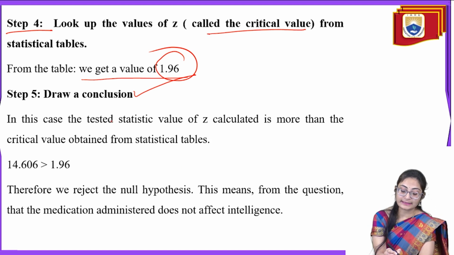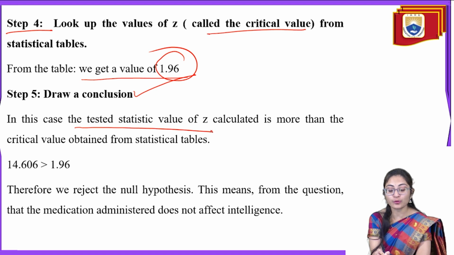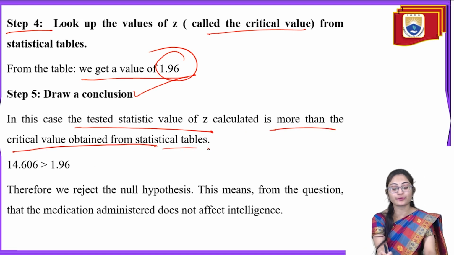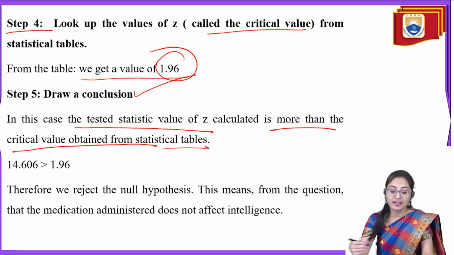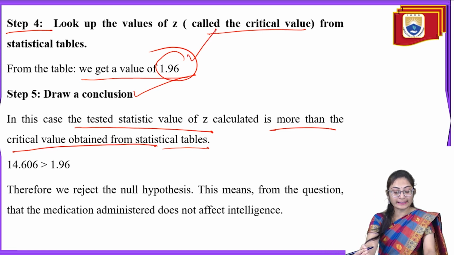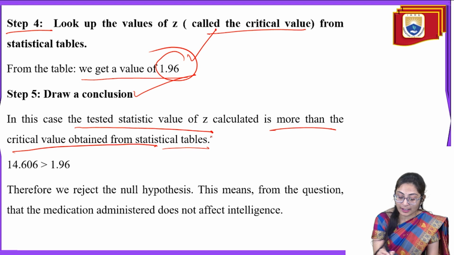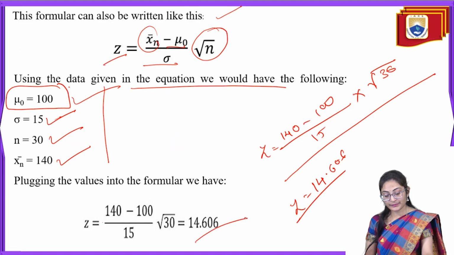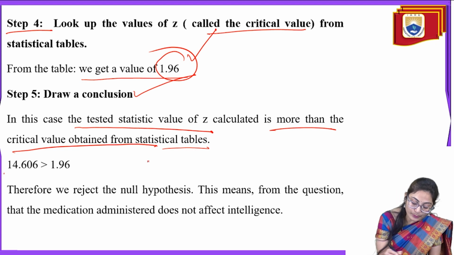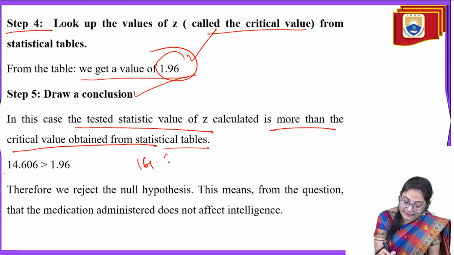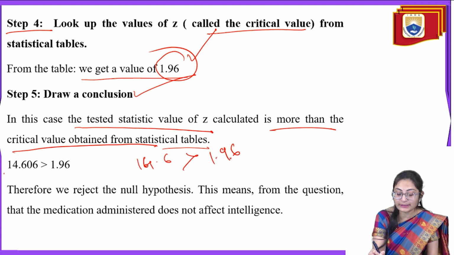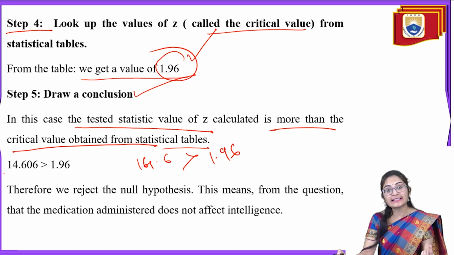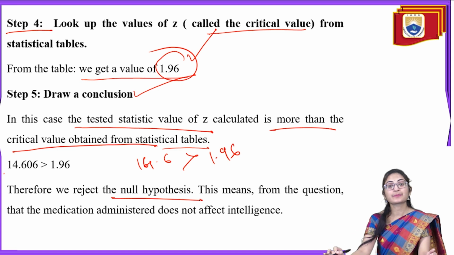In this case, the calculated test statistic value of Z is more than the critical value obtained from the statistical table. Our critical value is 1.96 and our statistic value is 14.606. So 14.6 is greater than 1.96, and therefore we reject the null hypothesis.